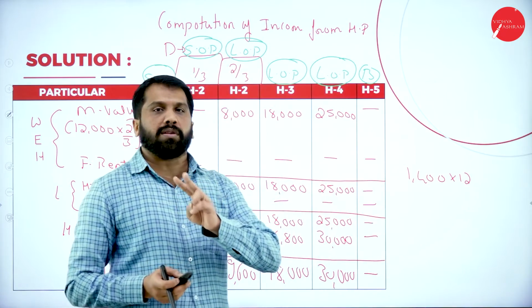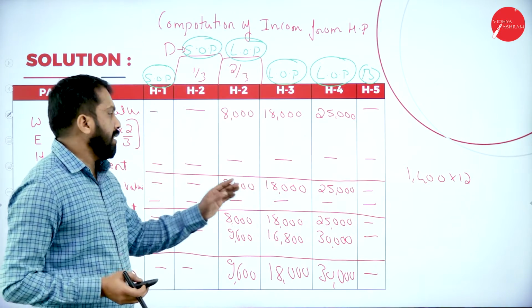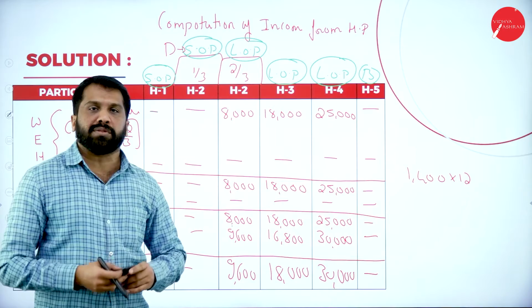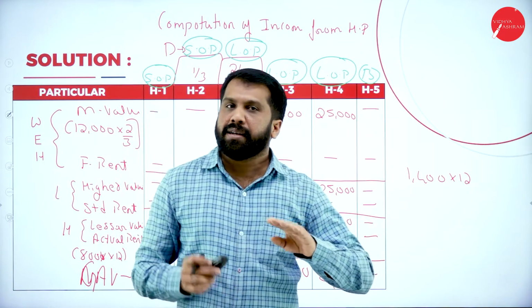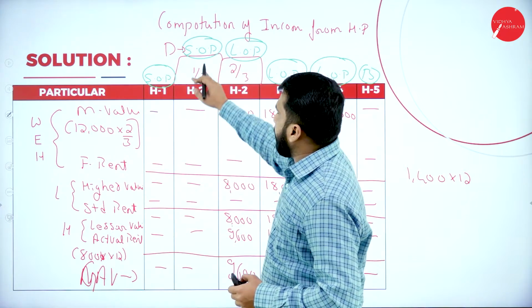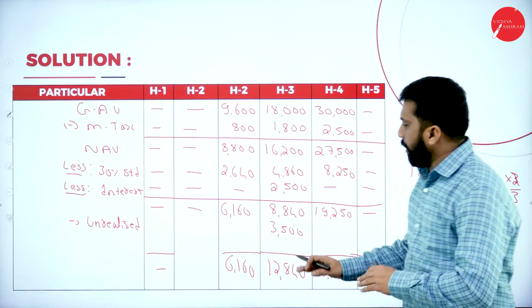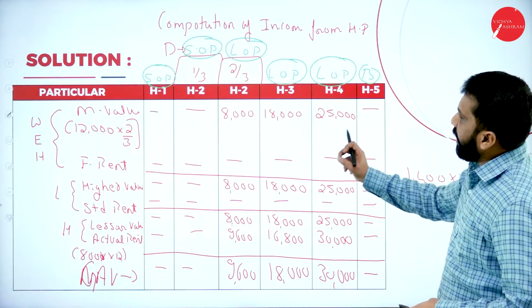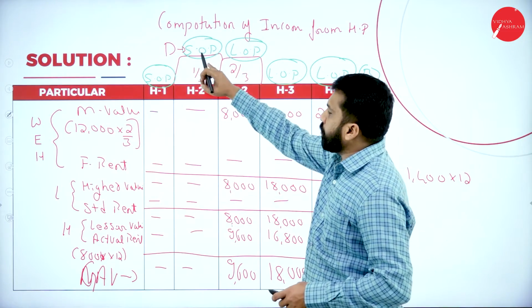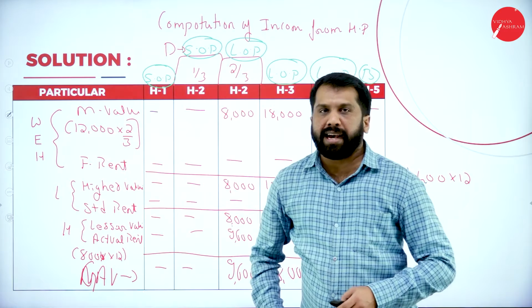We'll do two problems. I don't want to erase everything, so in the same format, I'll do that also. If it is deemed self-occupied, we have considered it as self-occupied and we have completed your problem.